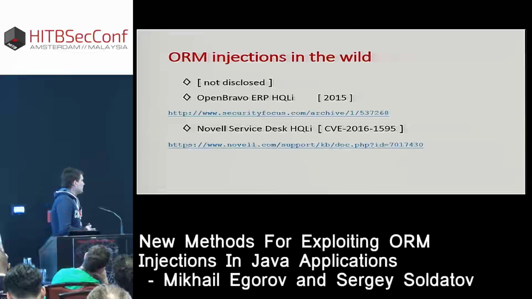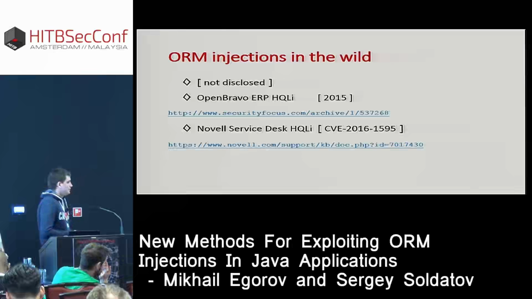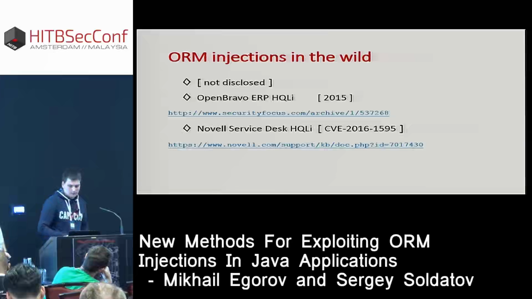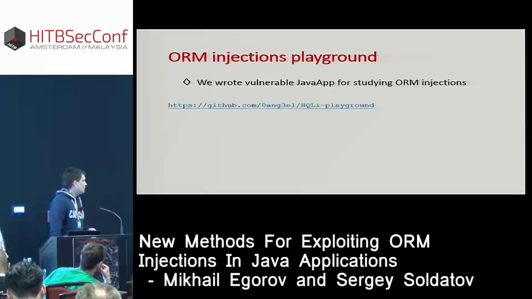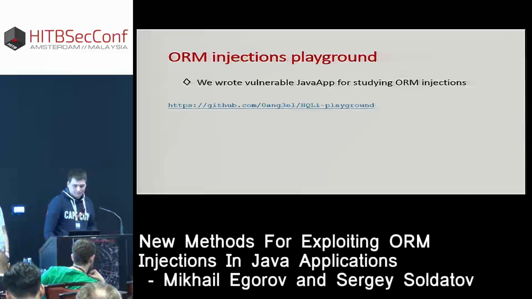The next example is an HQL injection in the OpenBravo ERP system. And the third example is an HQL injection in Novell service desk software. For studying ORM injections, we developed a vulnerable Java application which is available on GitHub. You can download it and play with it.